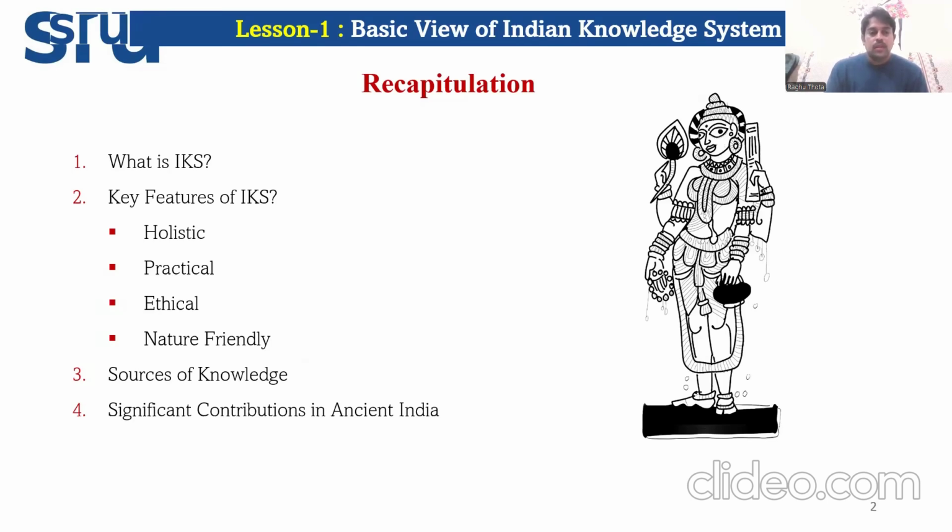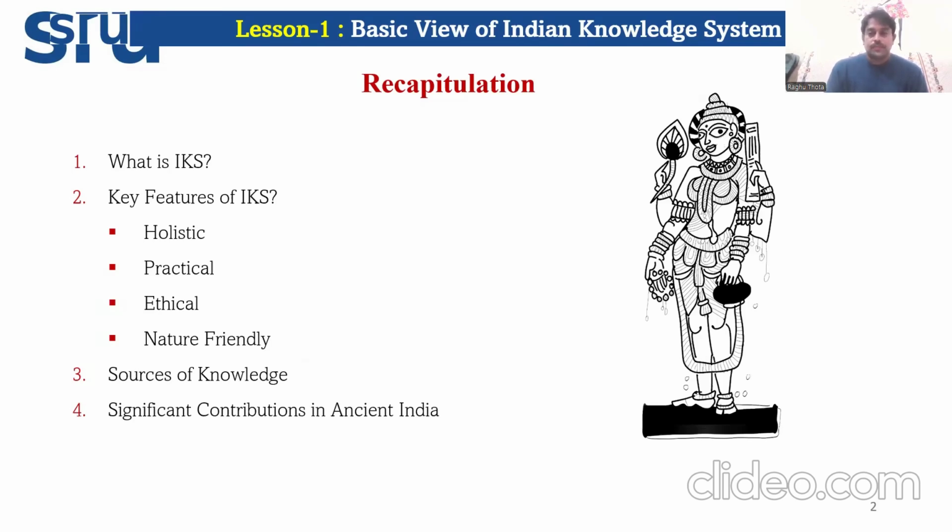And the second one, practical. This quality is related to ancient education. Our ancestors firmly believed in not giving much priority to theoretical learning; rather, they gave much more importance to practical learning. Experimental learning was given utmost priority during the ancient times.